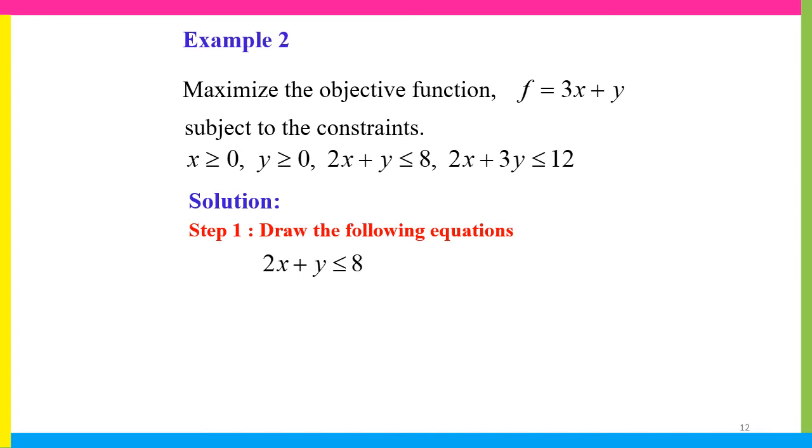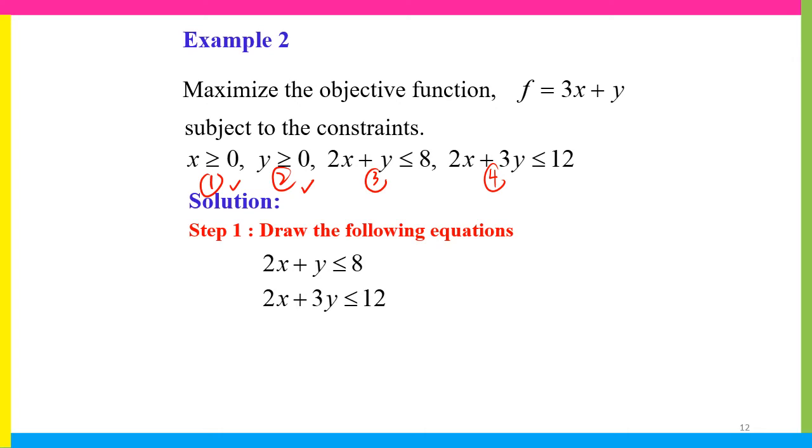Kita ada berapa equation kat sini? 1, 2, 3, 4. Okay, equation 1 dengan 2 ni simple. Y and X exist. And then, untuk yang equation ketiga, 2X tambah Y less than equal to 8, dia adalah sama dengan apa? Equation yang ketiga, 4 pun sama. You kena lukiskan equation ni.